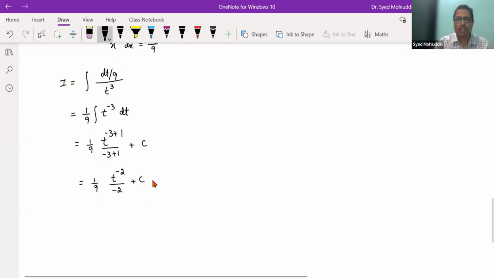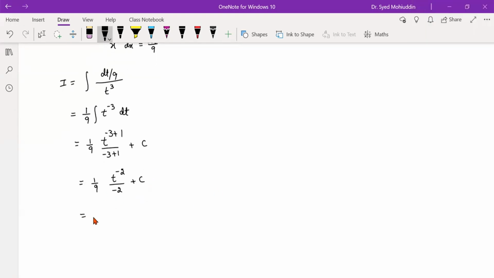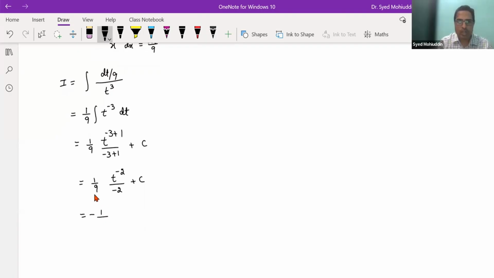Or if you try to further simplify this one, this will be equals to minus sign I'll write outside. Just multiply this one, you'll be getting so much. It is 1 by, can I get this value in the denominator? Because negative power is there. Make it as positive power as t square.